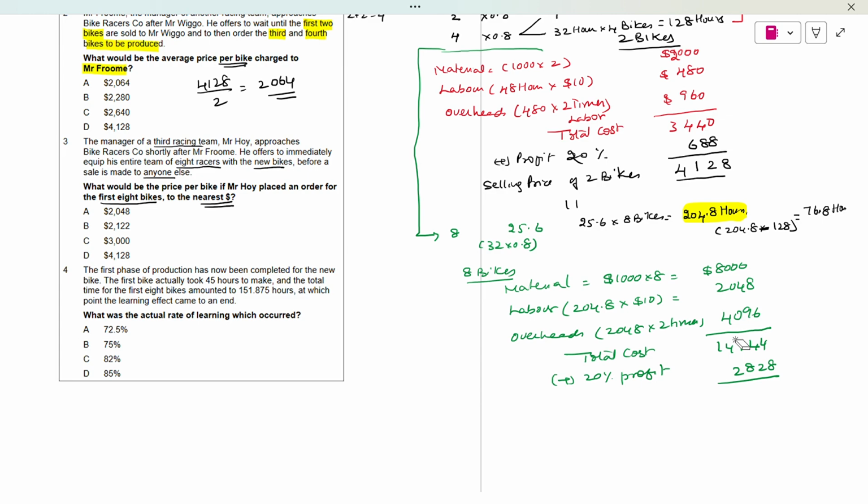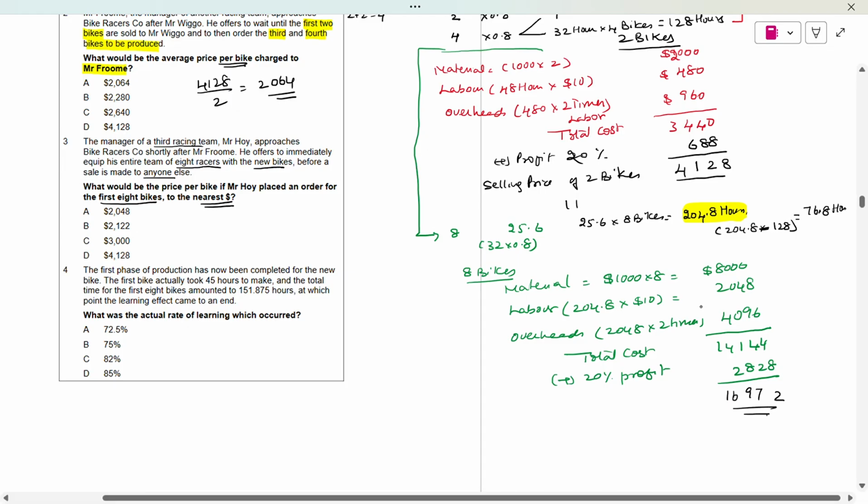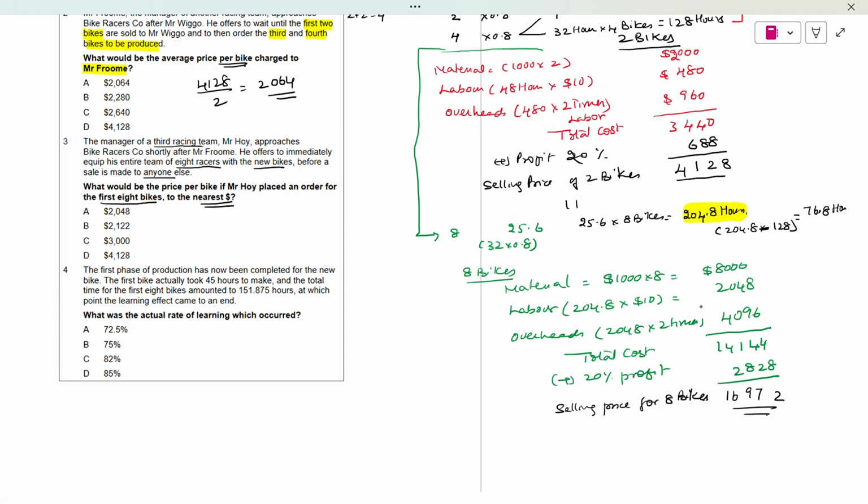How much is there? 16972. This is the selling price for 8 bikes.